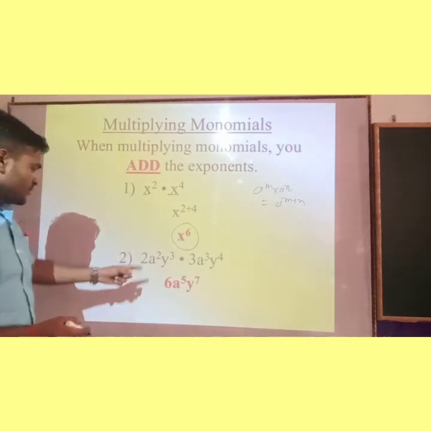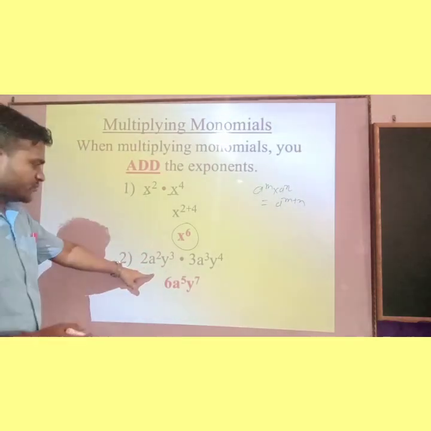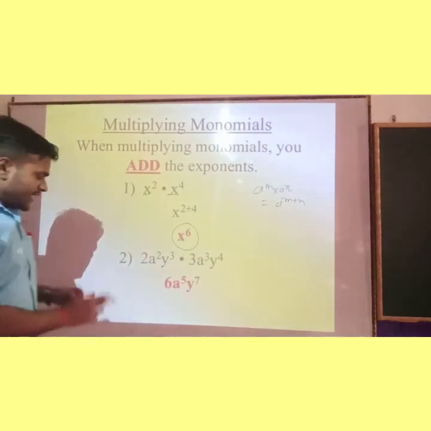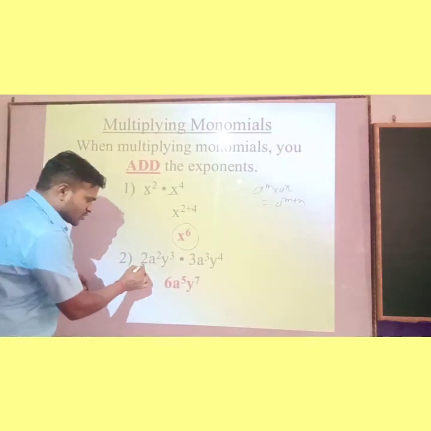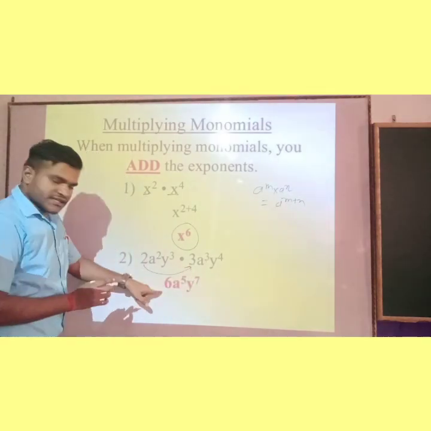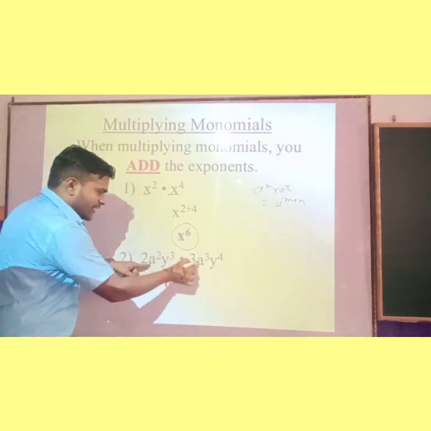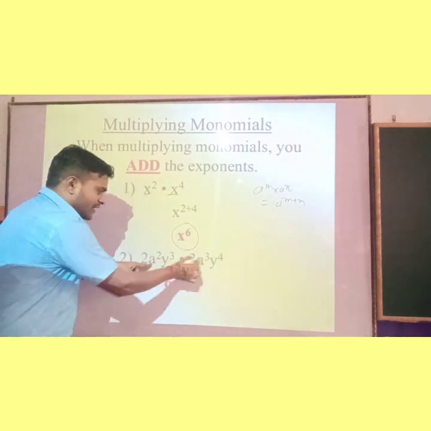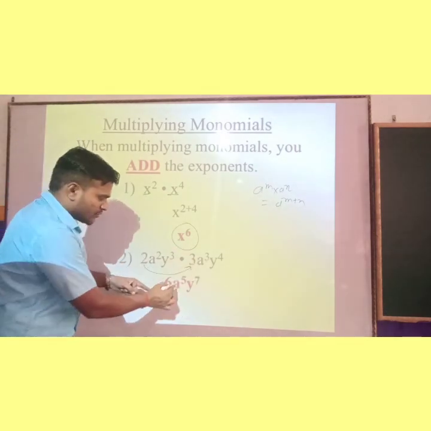Like that second one, 2a square y cube into 3a cube y power 4. So children, in this case we multiply its coefficient. So 2 3s are 6, a square and a cube. So we will add its power, a power 2 plus 3, that will be a power 5.